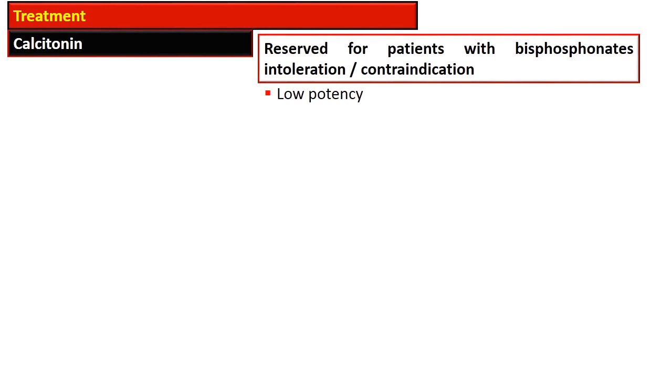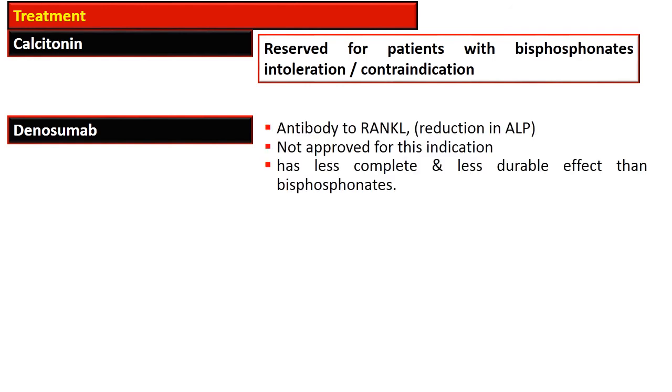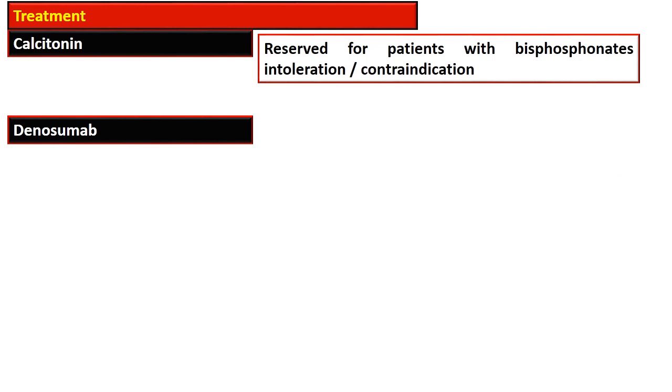It has low potency. Another treatment modality is denosumab, an antibody to RANK ligand, and it has been reported to reduce alkaline phosphatase, but it is not approved for the treatment of Paget disease. It has a less durable and less complete effect than the bisphosphonates.